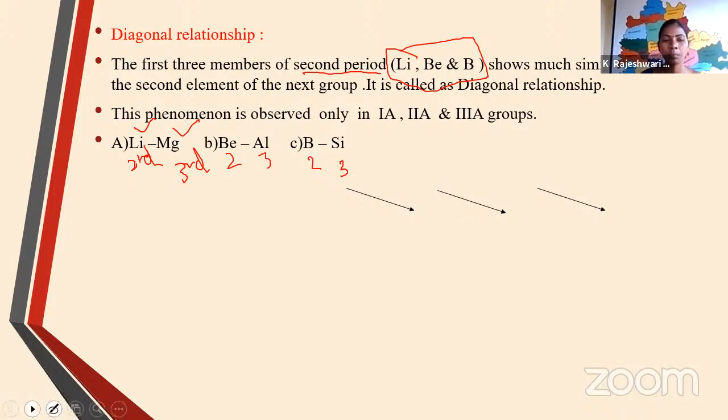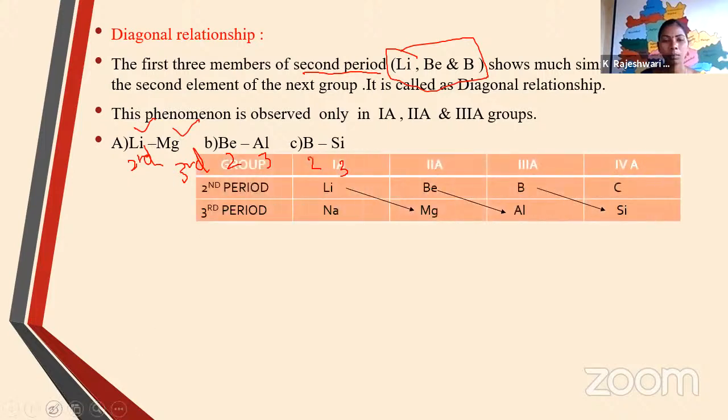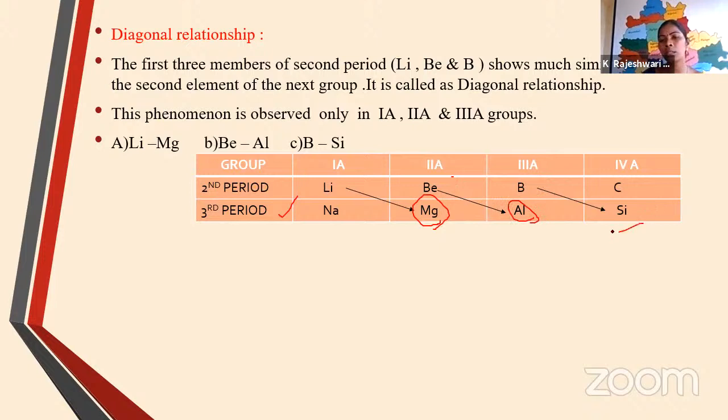Lithium of the second period shows diagonal relationship with magnesium of the third period. Beryllium shows diagonal relationship with aluminum. Boron shows diagonal relationship with silicon. Diagonal relationship elements have similar physical and chemical properties.